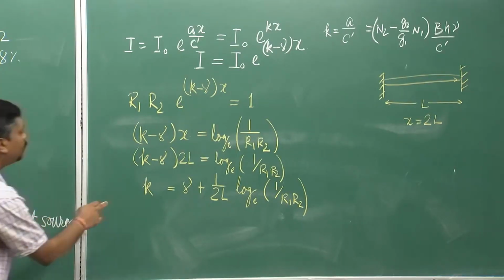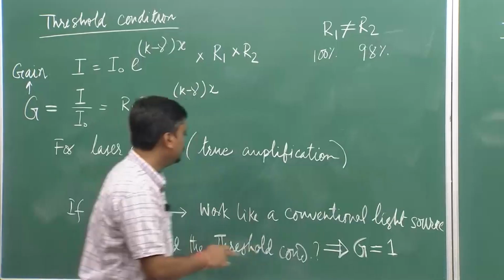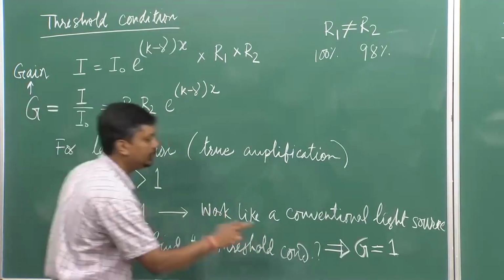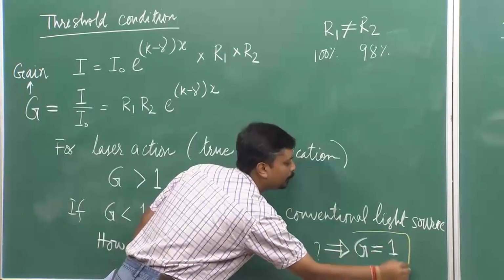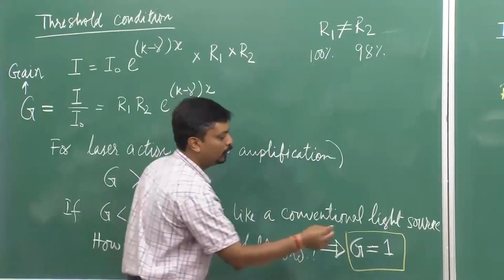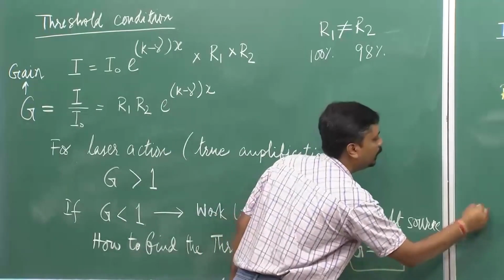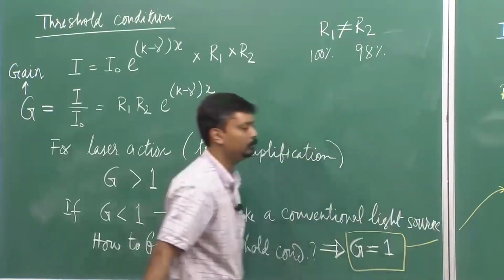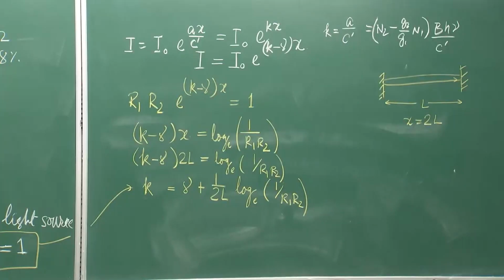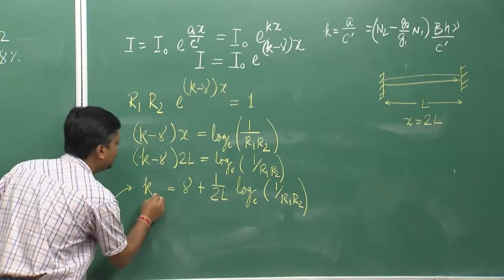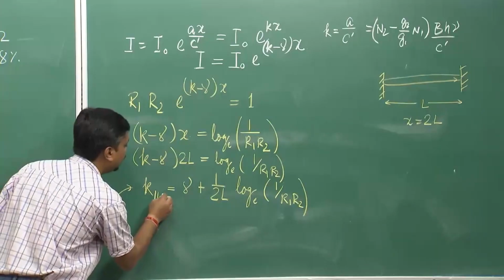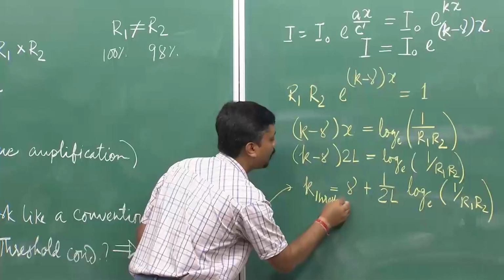Why? Because we obtained it by putting in this threshold condition, that is G equals 1. So, this actually led to this k value. I will specifically mention this one as k threshold.